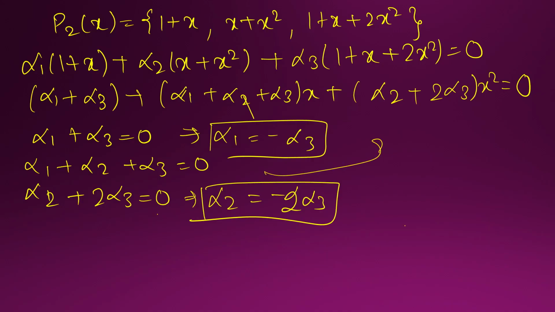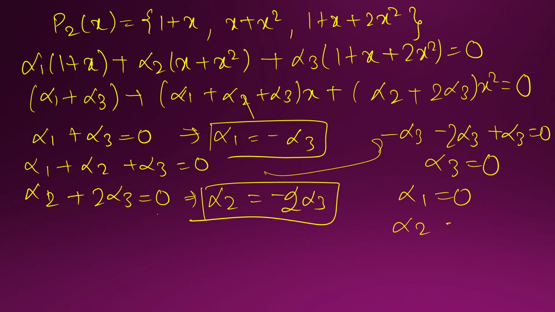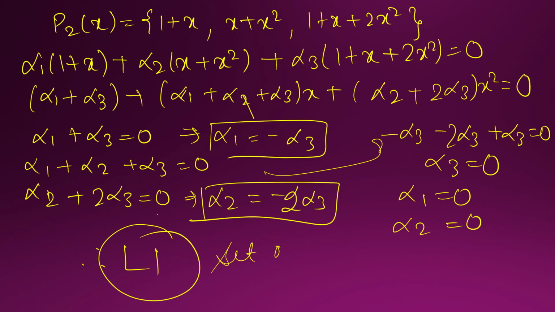Now putting it in the second equation, we have minus alpha 3 minus 2 alpha 3 plus alpha 3 equal to 0. Therefore, alpha 3 is equal to 0, alpha 1 is equal to 0, and alpha 2 is also equal to 0. Now here we can say that it's LI, linearly independent, this set of polynomials. Next question.